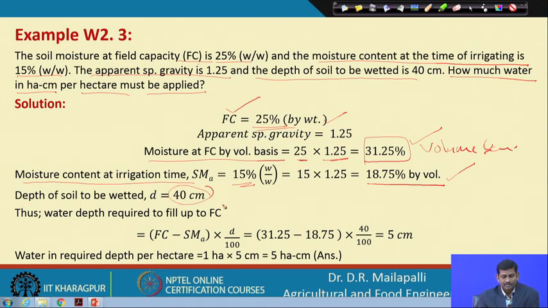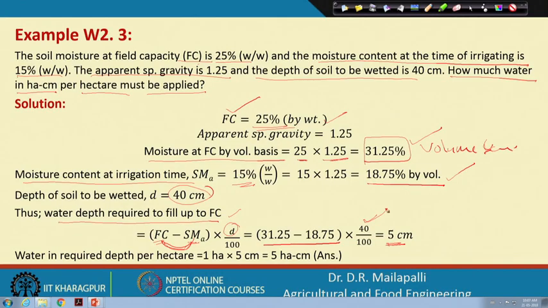The water depth required to fill to field capacity is the difference between these, multiplied by the depth D, and you get 5 centimeter. So, 5 centimeter of water you need to apply on the surface, and that will be sufficient to wet 40 centimeter of soil.